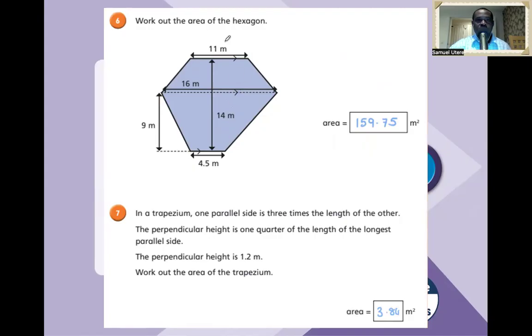To be able to find the area, I'll just discuss what you need to do. I'm not going to spend too much time because I don't want the video to be too long. So these are the parallel sides, okay? The perpendicular height is 16 meters. That side is 11.